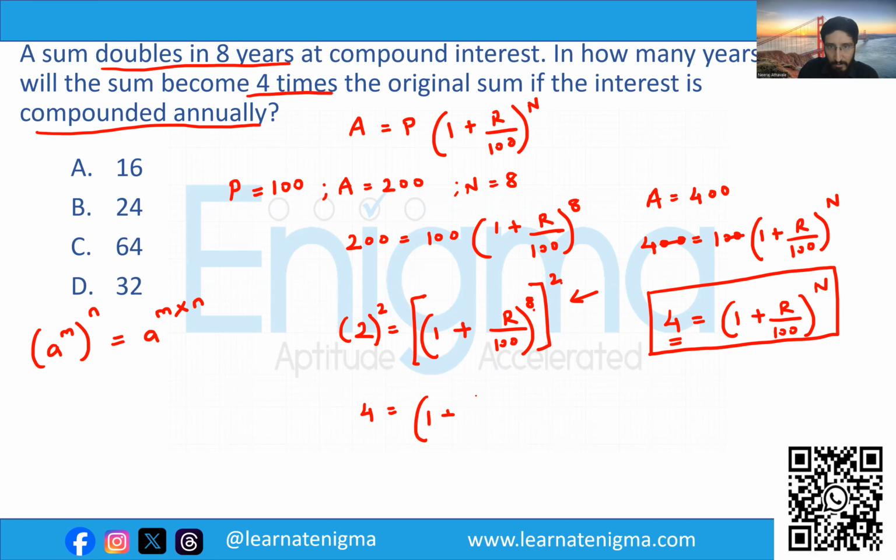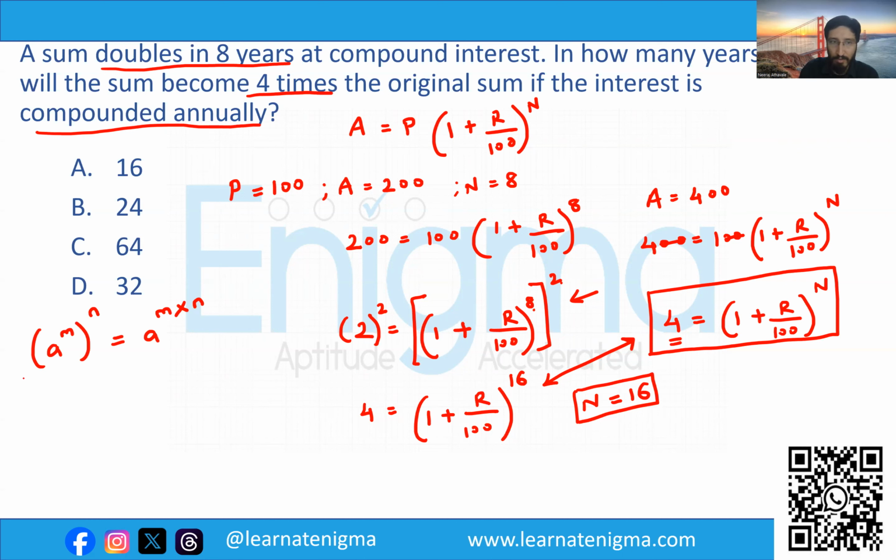So 1 plus r by 100 raised to 16. Now if we compare these two equations, we will see that the left hand side is equal, and therefore equating the right hand side, we get n is equal to 16.